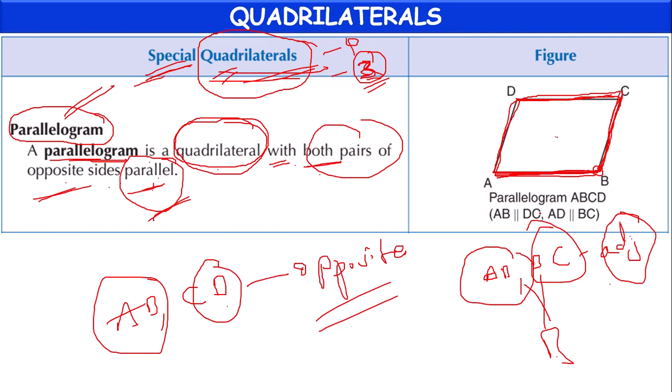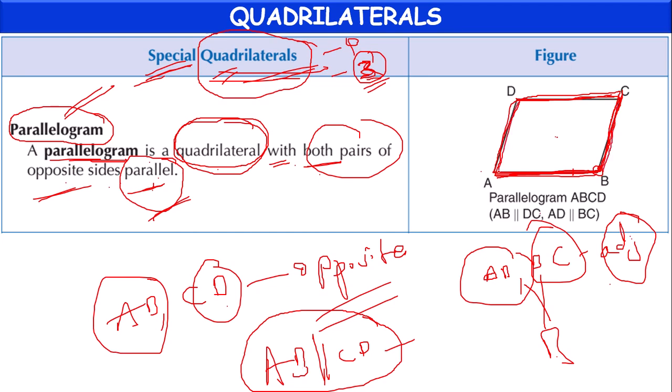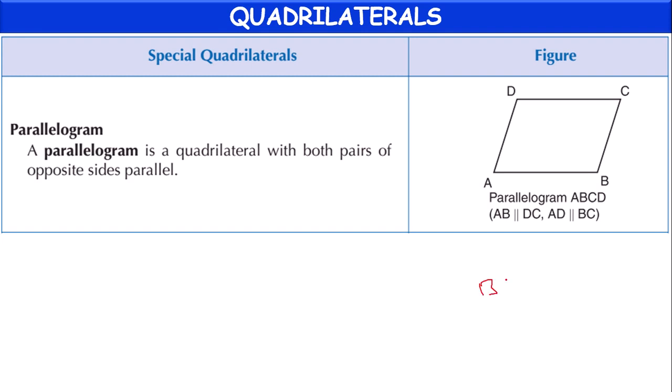If AB is parallel to CD, this is one pair. One pair of opposite sides are parallel. In the same way, if you take BC and AD, no common endpoint is there, so they are not adjacent.